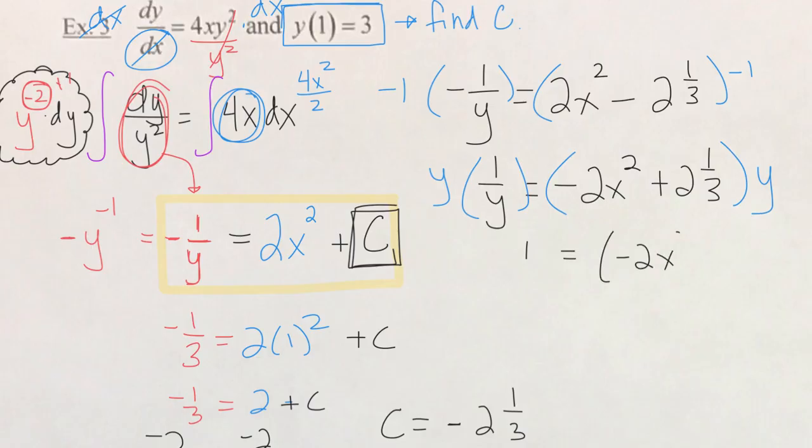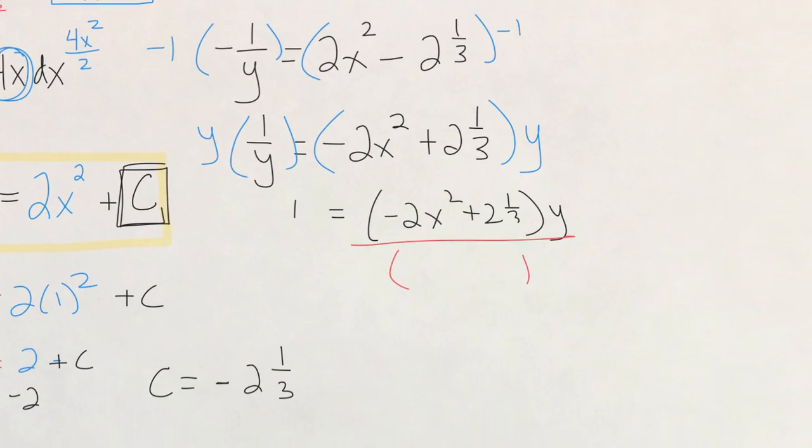Negative 2x squared plus 2 and 1/3 times y. Then we're going to divide both sides by everything in parentheses. So y equals 1 over negative 2x squared plus 2 and 1/3.